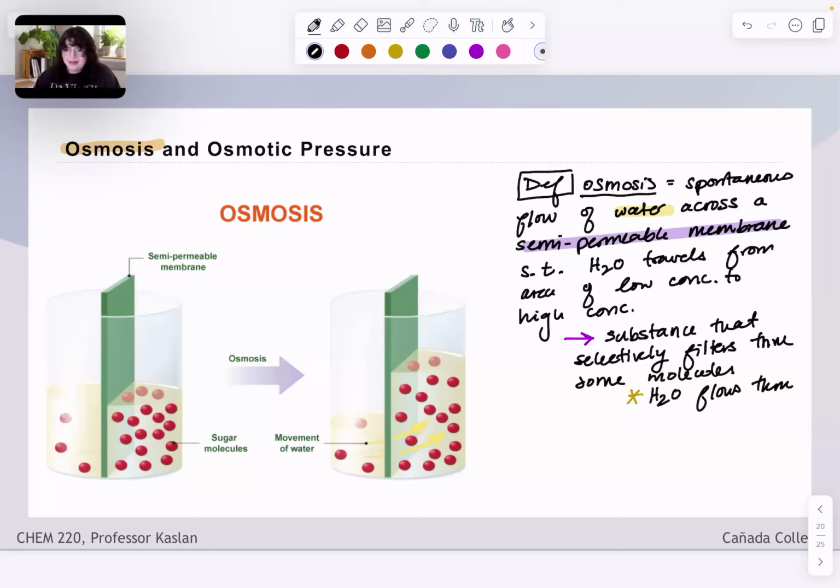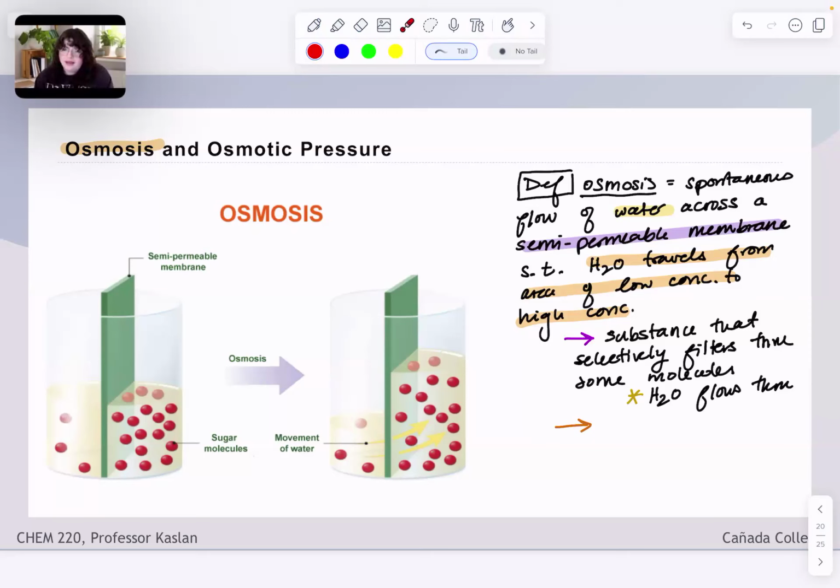And we have to consider why is it that water travels through the membrane in the first place? So I've said here that the water travels from area of low concentration to high concentration. Especially biological systems do not tend to be stable when there are large differences across some kind of boundary, right?